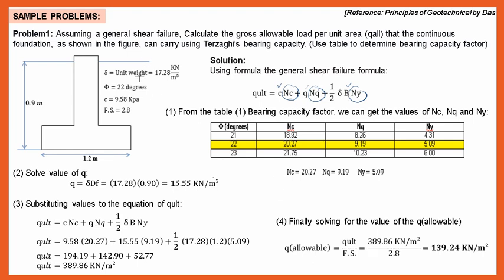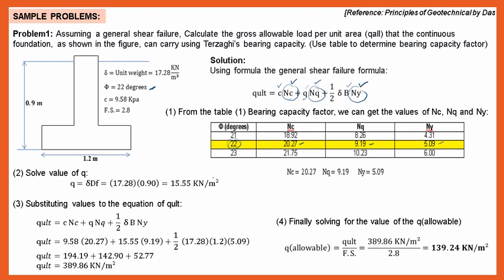With our given angle of internal friction, which is 22 degrees, when we look at the table, the value of N sub C is 20.27, N sub Q is 9.19, and N sub Y is 5.09. So these are the values of our three factors.